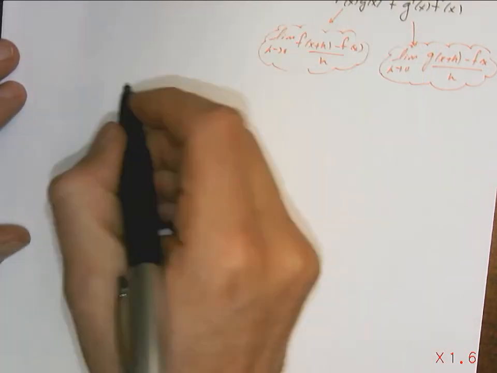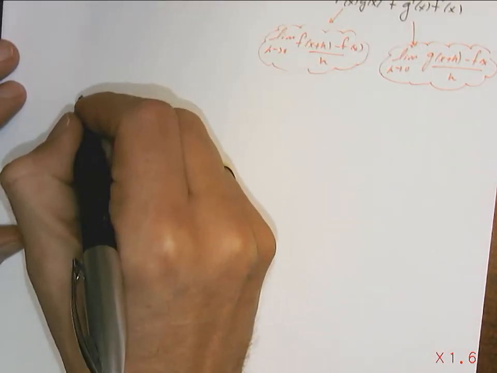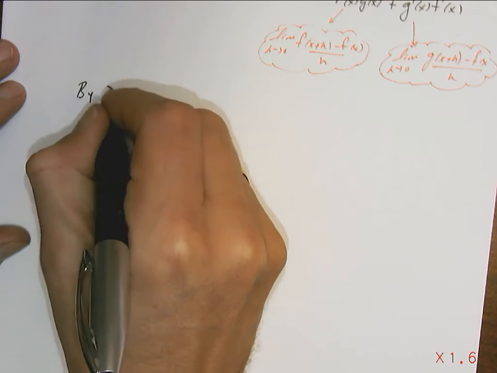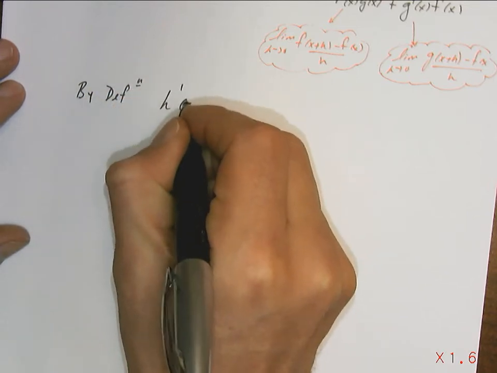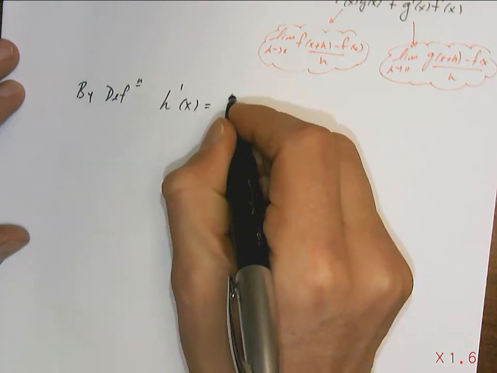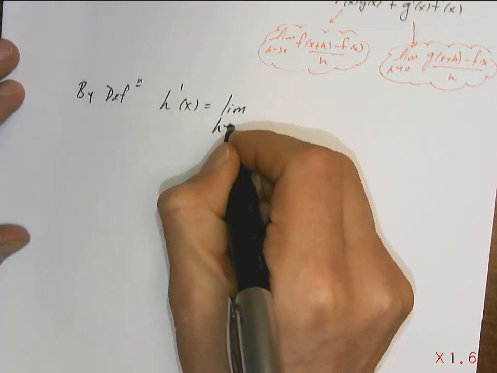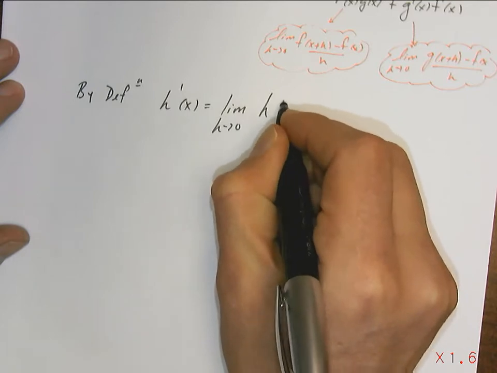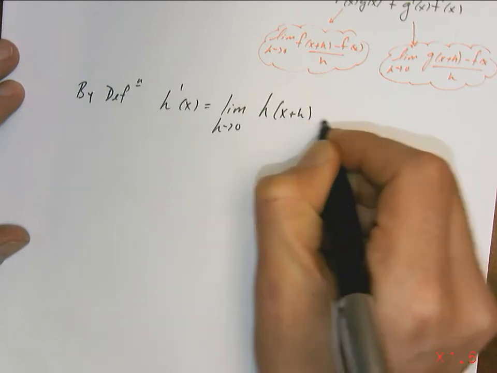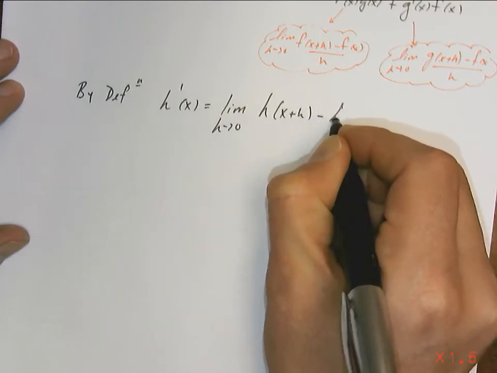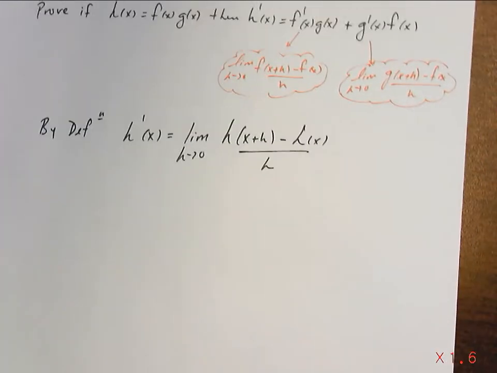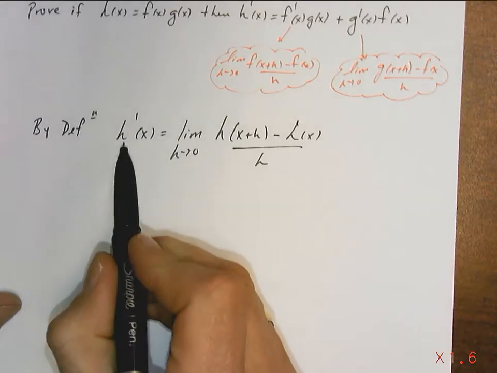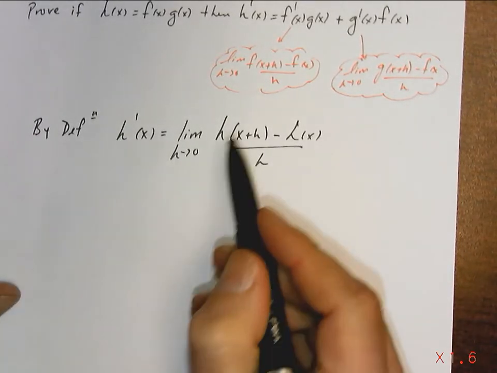Now, what we're trying to do is figure out the derivative of h of x. So by definition, the derivative of h of x is the limit, as h approaches 0, of h of x plus h, that's a different h, minus h of x over h. That's the definition of the derivative of a function. The function happens to be h of x.